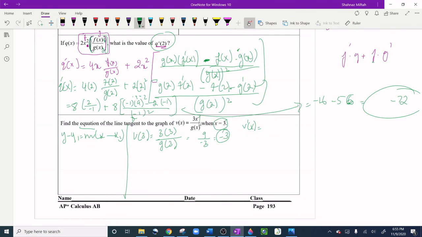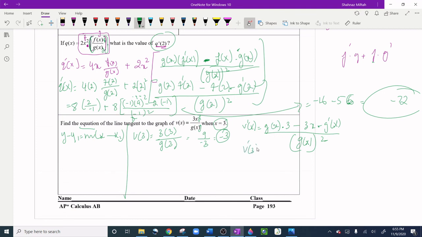So this is my f, that's g. According to the quotient rule, g stays as it is, g of x, times the derivative of f, which is just a 3, minus f as it is, times the derivative of g, g prime of x, over g of x whole squared. Again, don't simplify because the x values are given.